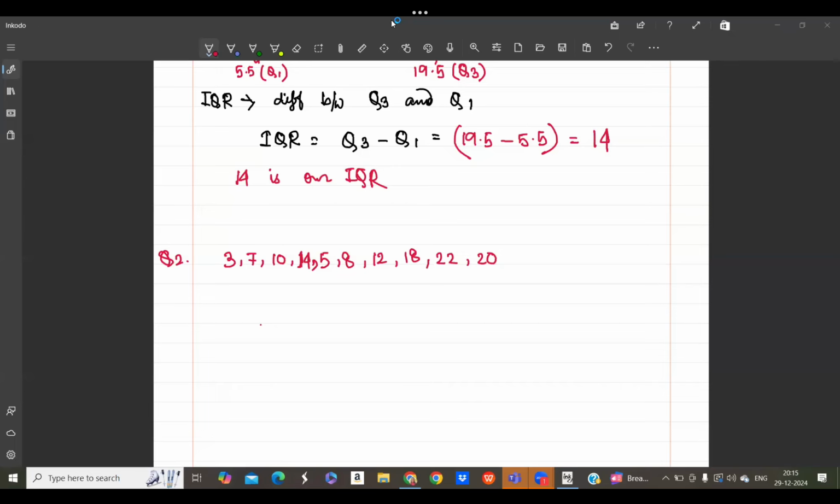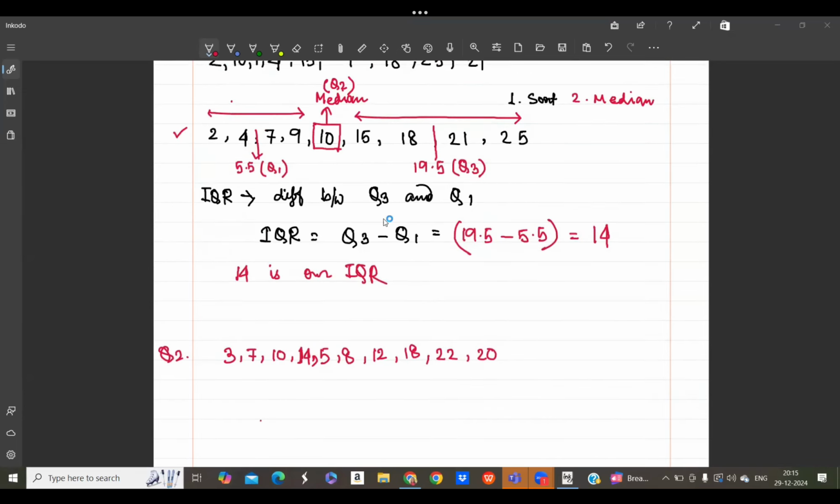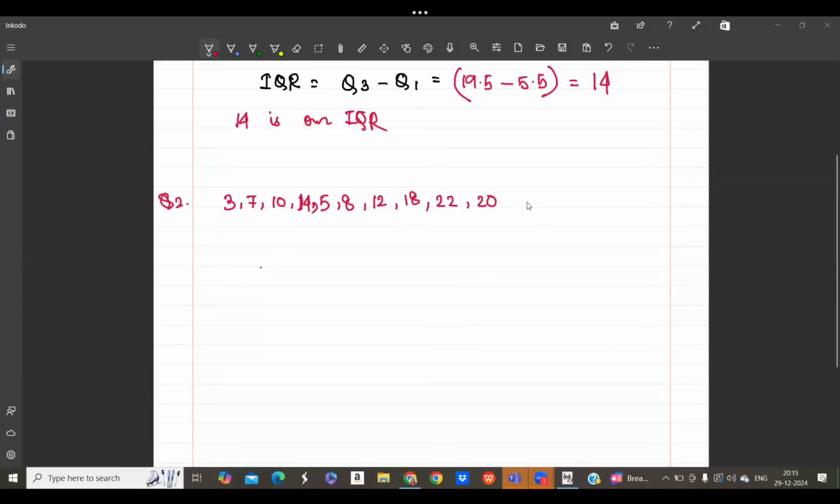Right, good Gauri. 11 will be the answer. ये सेम टेक्निक यूज करो, करके देखो क्या आता है.